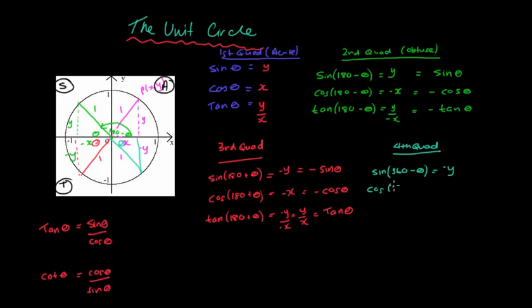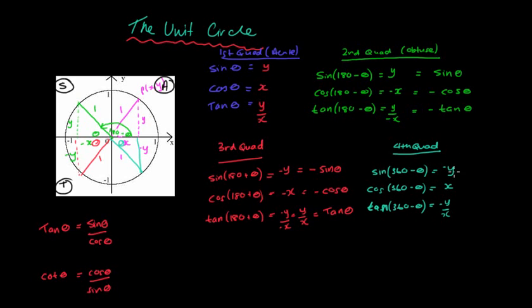Cos of 360 degrees minus theta, so again I go 360 and then I take it away, is adjacent, so it's x over 1, which is just x. And tan of 360 minus theta is equal to opposite, which is minus y, over x.